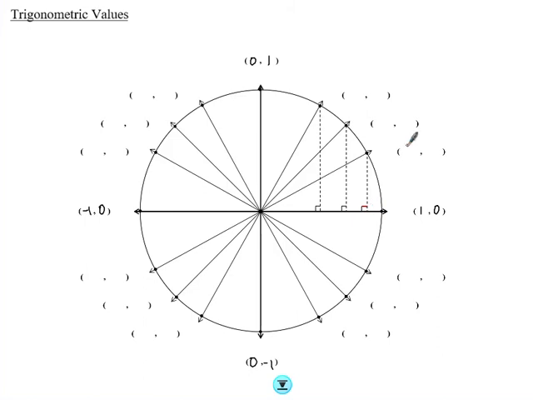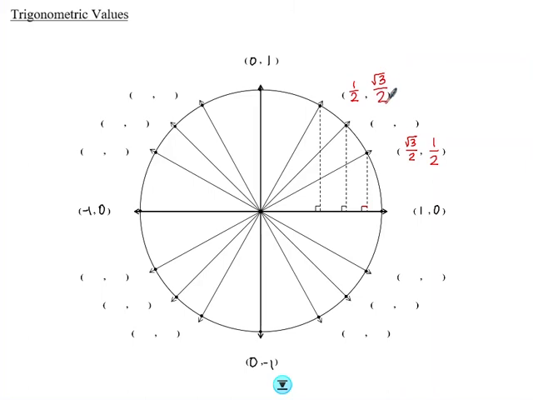So that means that our x value is square root of 3 over 2, and our y value is 1/2. If we skip to the 60-degree angle, this is also a 30-60-90 triangle. The short leg is 1/2, which in this case is the x coordinate. The long leg is square root of 3 over 2, which is the y coordinate.